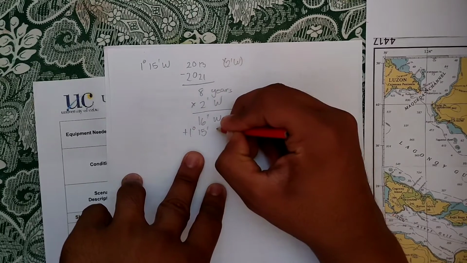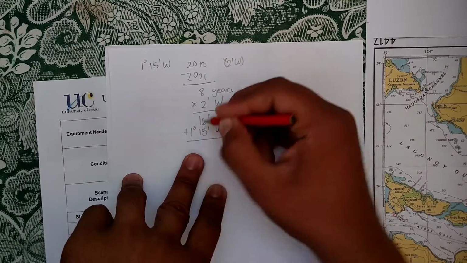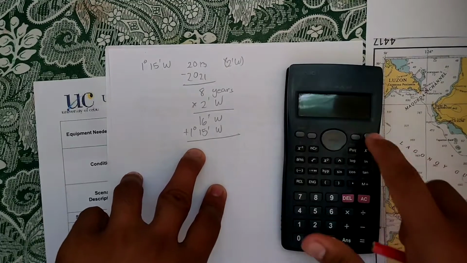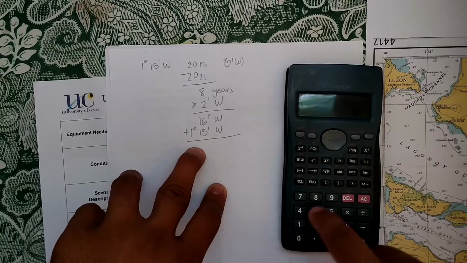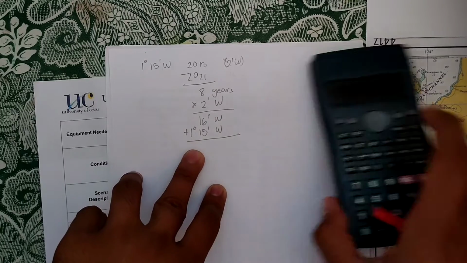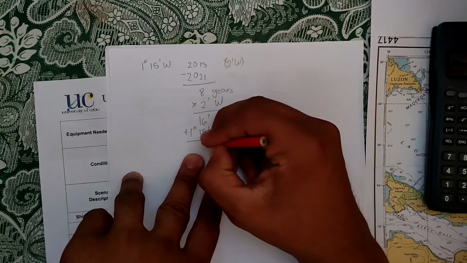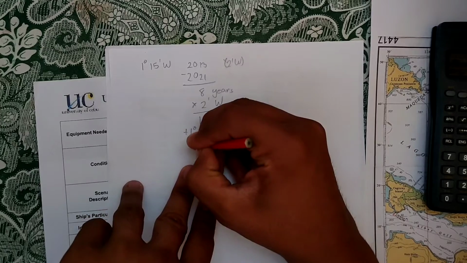15 minutes west. So 16 plus 15, and we will get 31 minutes.